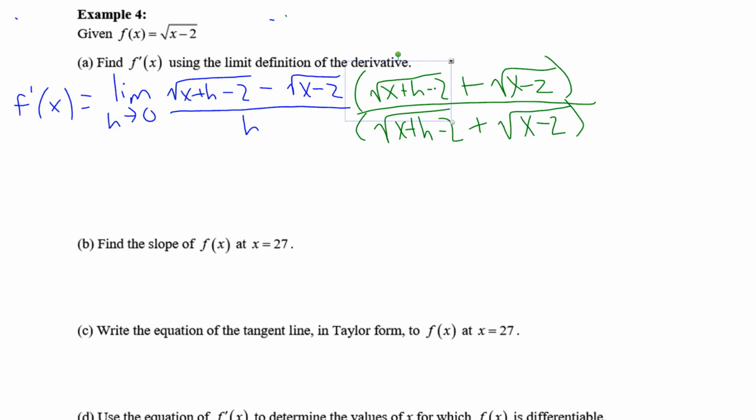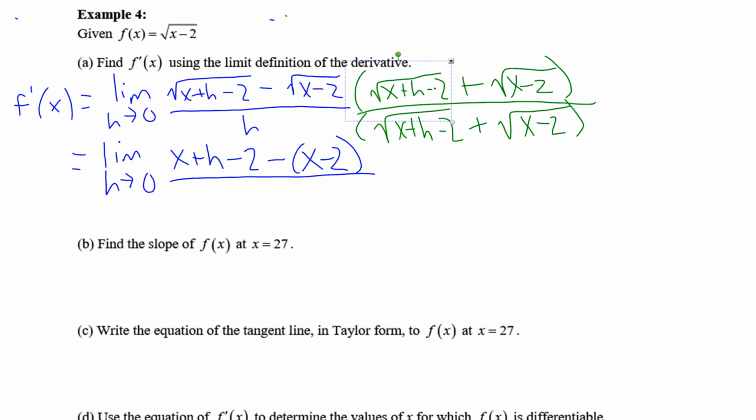So we do that and bring down that limit. In the top, we get x plus h minus 2 minus the quantity x minus 2, and in the denominator, we have h times the conjugate, and I'm just going to leave this alone. Why expand it if you don't have to?